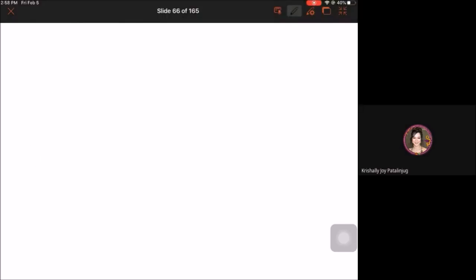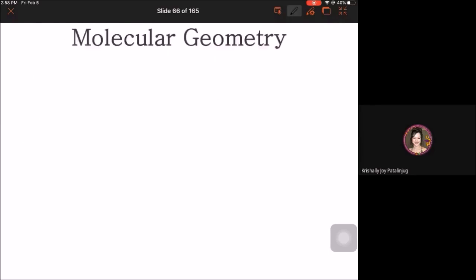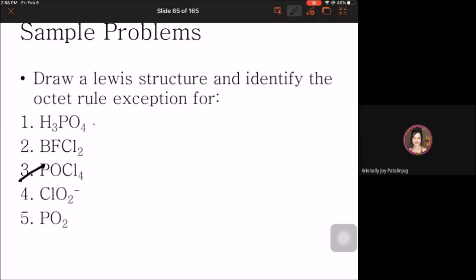Let's have the third one. Sige. Last slide na to actually. Oo, last slide. Sige. Let's have the chlorite. Okay? Chlorite. Kasi kapag 3 to, di ba? Chlorate yon. Sige. So, minus 1 oxygen, chlorite. So, obviously, yung central atom dito would be chlorine. Okay? Ayan.